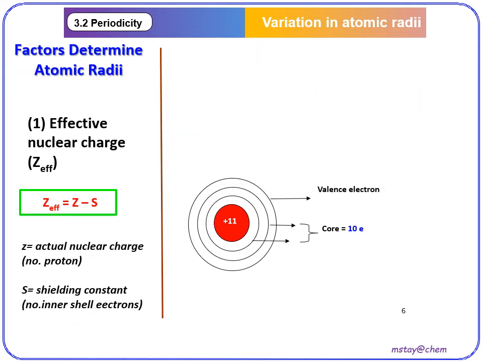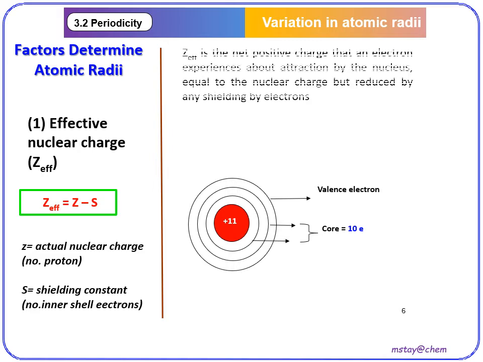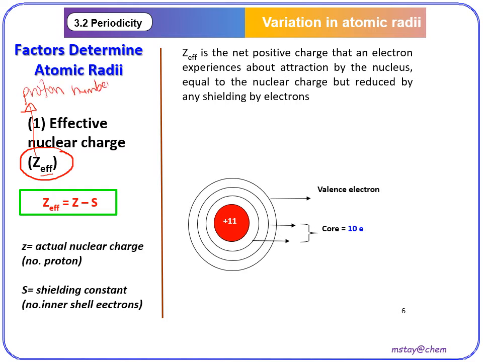Now we are going to look at each factor in more detail. First, we are going to discuss effective nuclear charge, where the symbol is Zeff. EFF is effective, and Z refers to the proton number, or number of protons, while the S here represents the shielding constant.